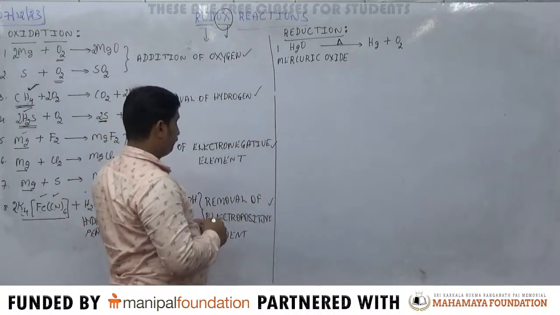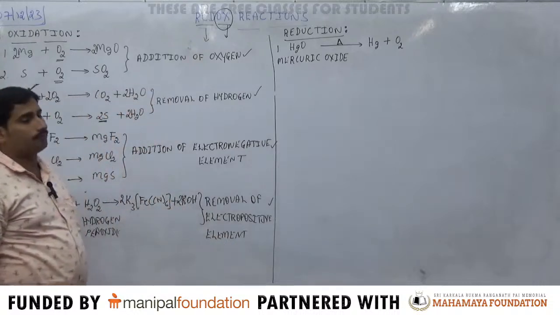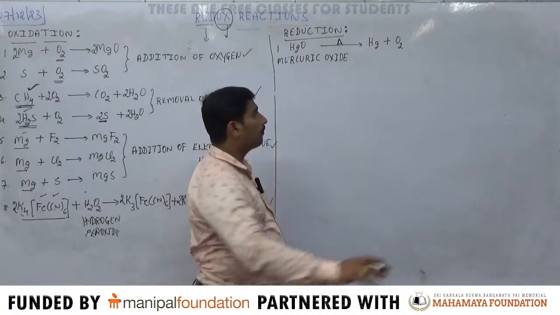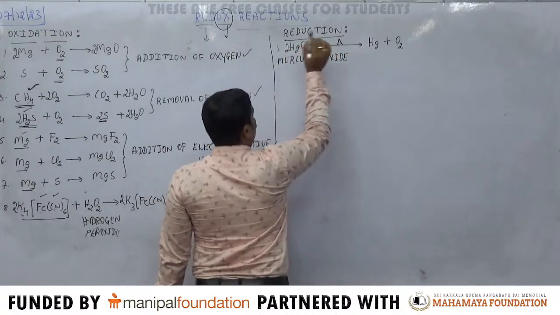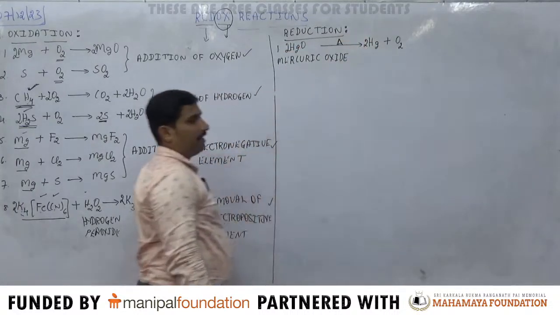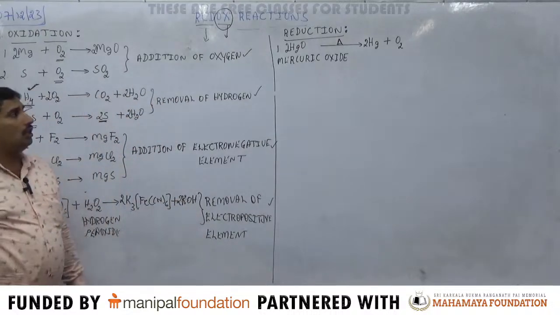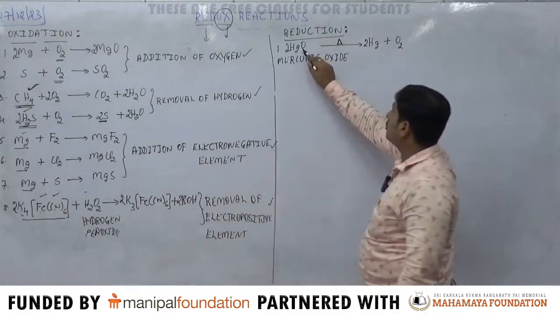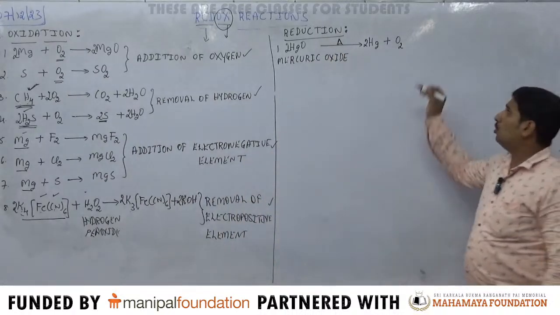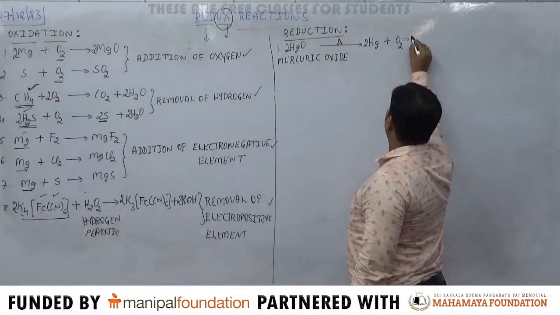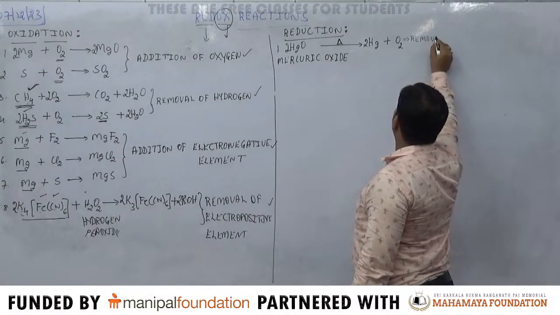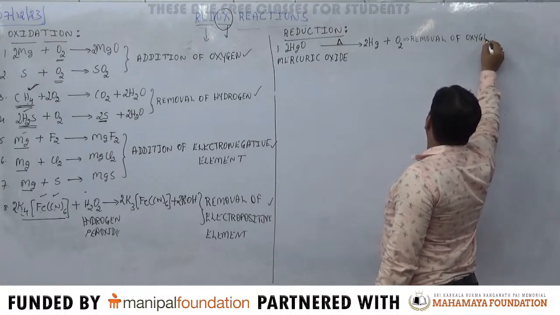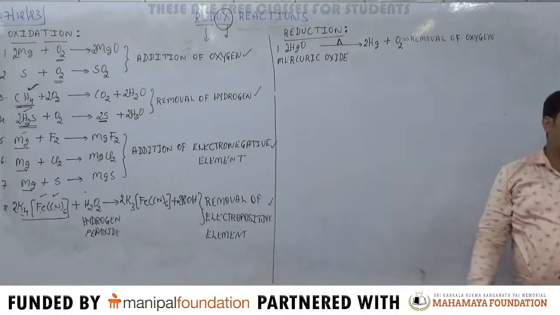Balance the equation. Balancing is easy. 2 oxygen on the right hand side, so 2 HgO, 2 Hg on the right hand side. Now if you look at this reaction, from the mercuric oxide, oxygen is removed. So in this case, there is a removal of oxygen.